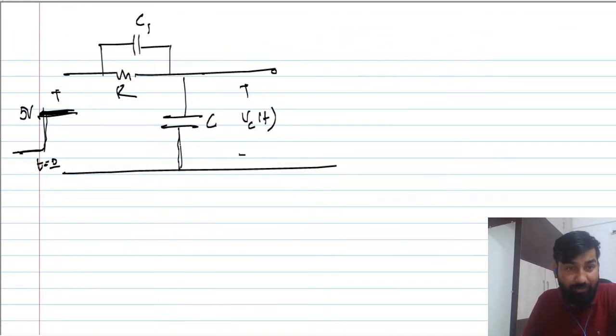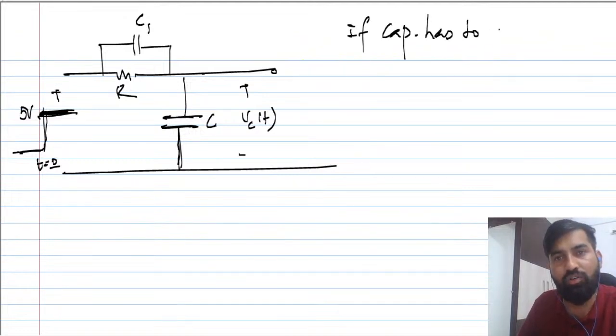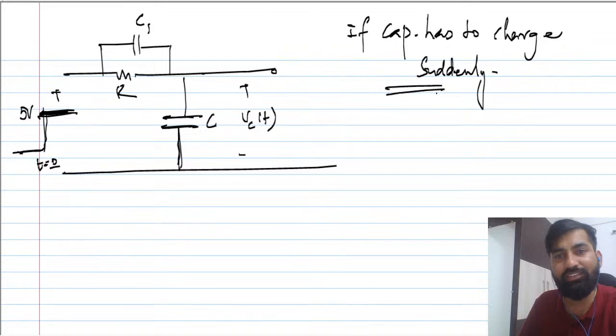But these two capacitors, we will say that these capacitors will suddenly charge as well, right? If capacitor charges suddenly, what is the meaning of that? Why capacitor has to charge suddenly?